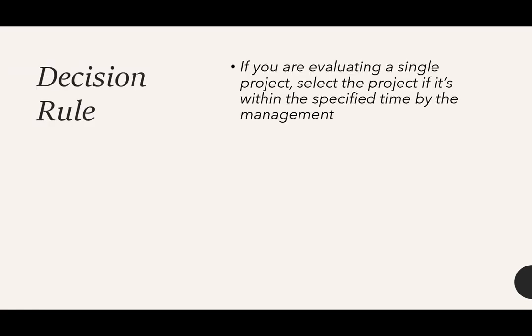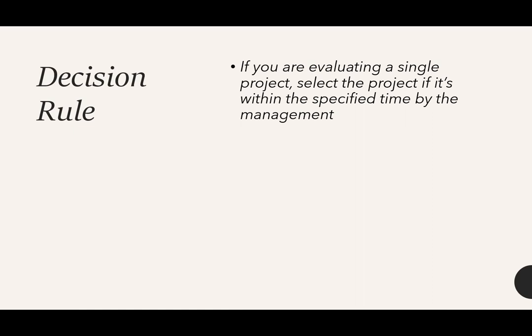Now, what would be your decision rule for this? Now, if you are evaluating a single project, like let's say in the question, you just have one project and you have to evaluate, you calculate its payback period and see if it's within the specified time by the management. So let's say the time specified by the management is 3 years, and the calculation tells you that the project's payback period is 2 years.